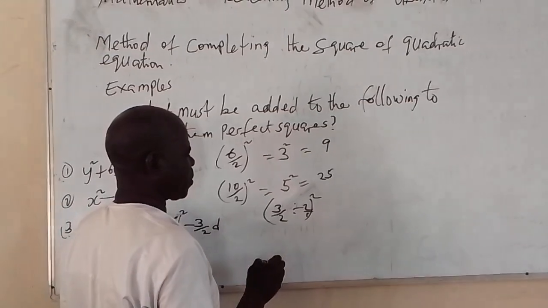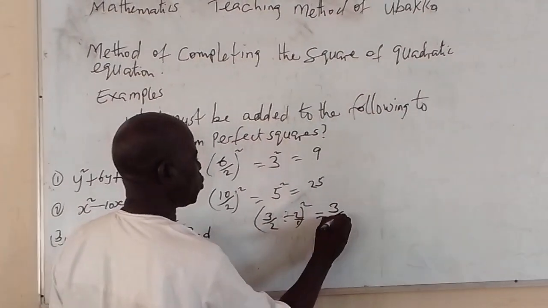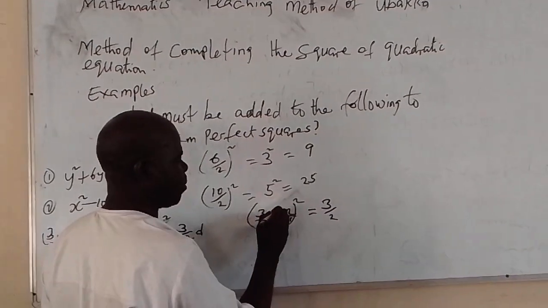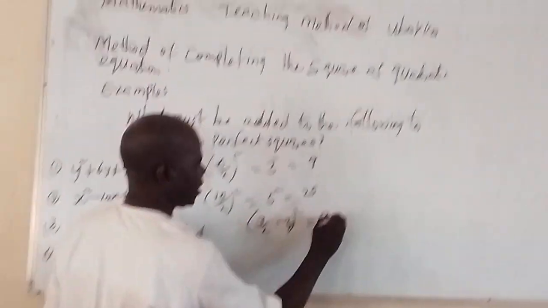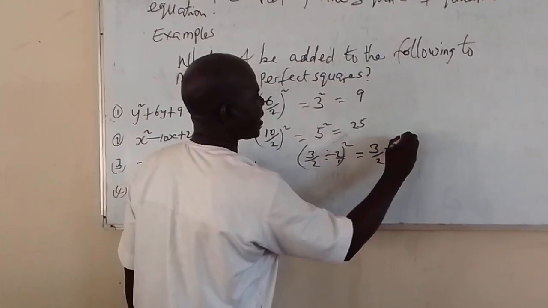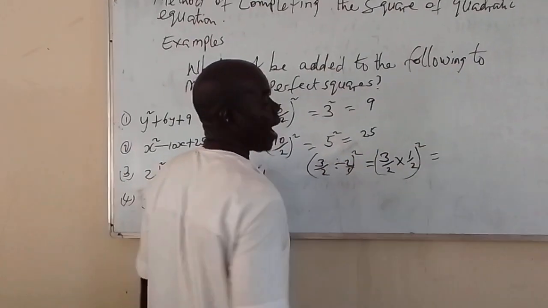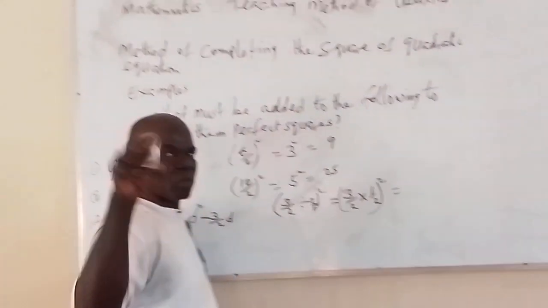So we now divide it by 2. Dividing it, that is going to be 3 all over 2, instead we write times in place of division, times 1 all over 2. Anything that we get from this particular bracket, we are going to square the result.